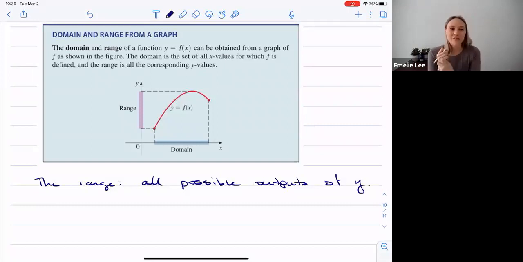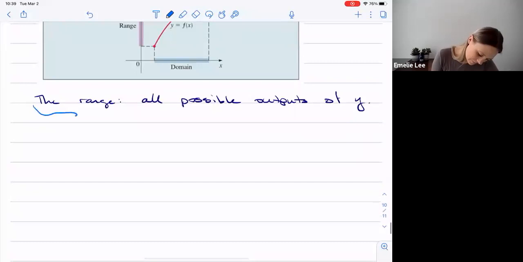So for now, I only need you to be able to identify the range from the graph, with some common ranges. Okay, so I'll make a note of that here.